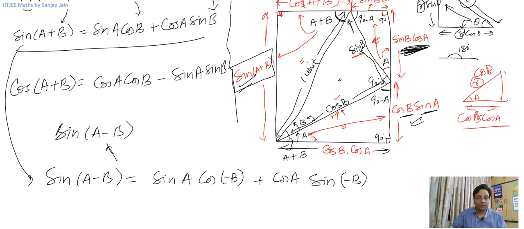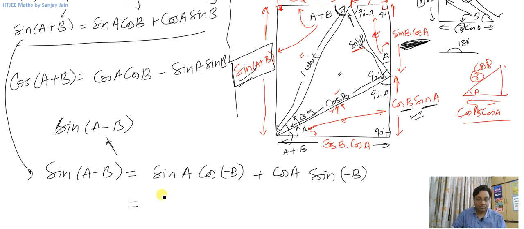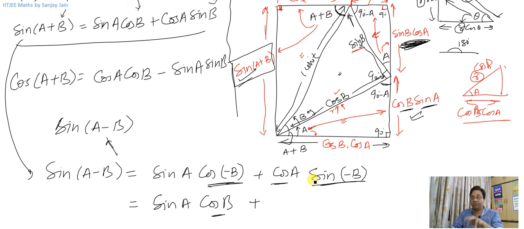Now we very well know that cos of minus theta is cos theta. So sine A cos B, this is nothing but cos B, plus cos A minus sine B. Sine of minus theta is minus sine theta. So this sine of minus B will be minus sine B. So this plus sign I can replace with a negative sign and write it like this, cos A sine B, right? So sine minus B is minus sine B, so I can bring that sign here.